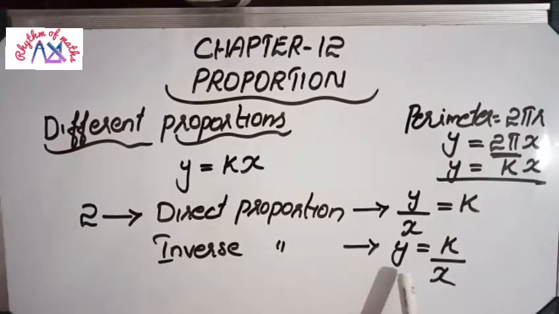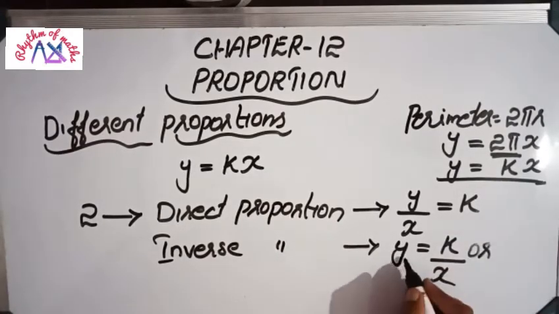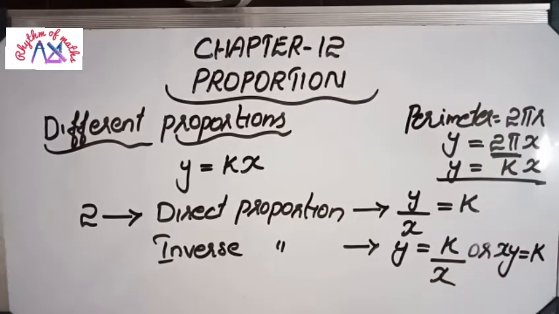If we take x to this side we get xy equal to k. This is known as inverse proportion. Examples we will learn in the activity, and at that time it will be more clear.